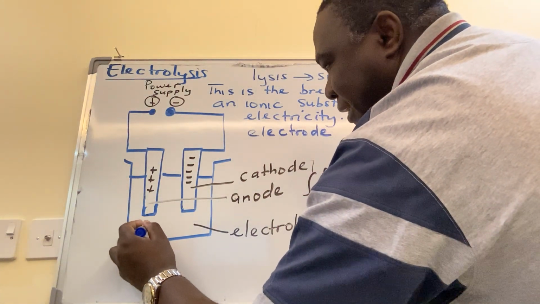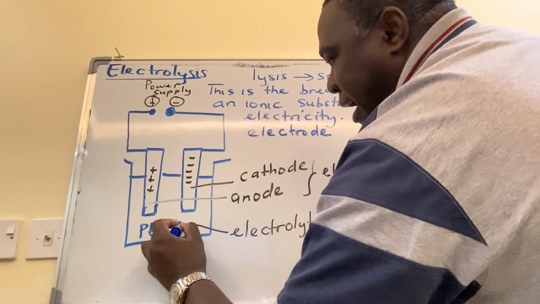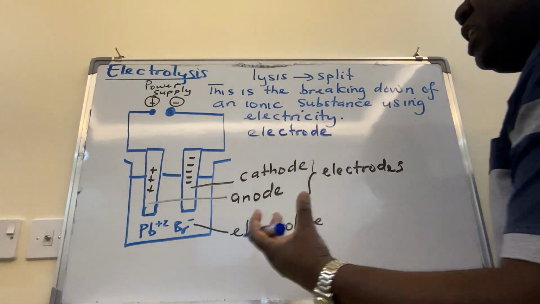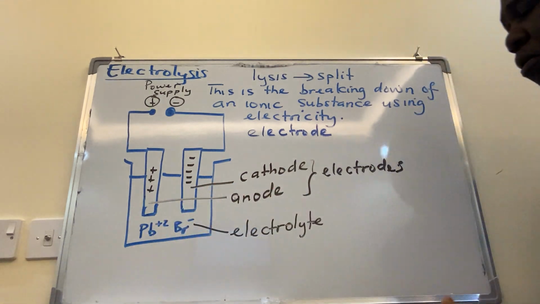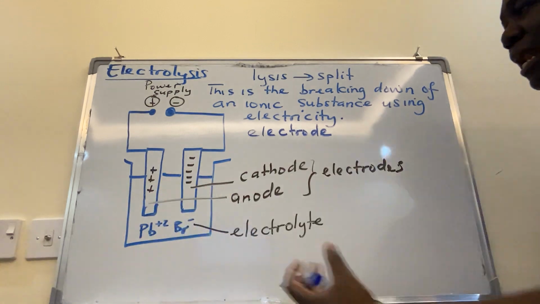Lead bromide, Pb is positively charged and Br is negatively charged. What's going to happen here is when you have molten lead bromide, the ions are free to move around the electrolyte.